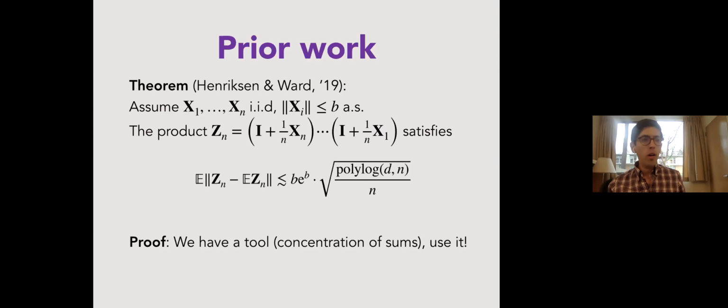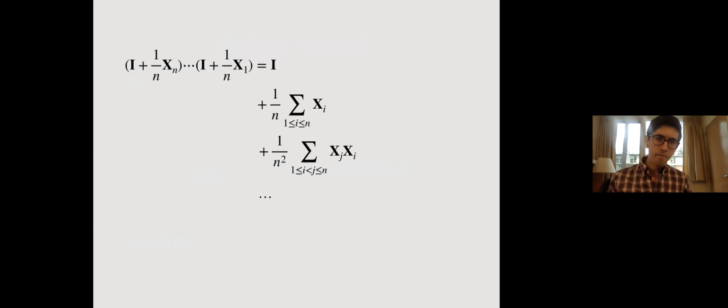We have a tool, which is we understand, by a matrix Bernstein inequality, concentration of sums of random matrices. So if we could pretend that this object, maybe along the lines of what Tim said, is a sum of random matrices instead of a product of random matrices, then we could do something. So the whole idea of the proof of Henriksen and Ward is to rewrite this as a sum of a lot of random matrices and carefully apply matrix Bernstein. So let's see how that goes.